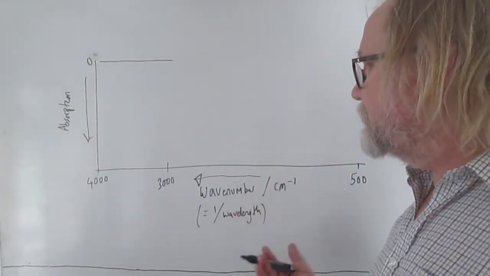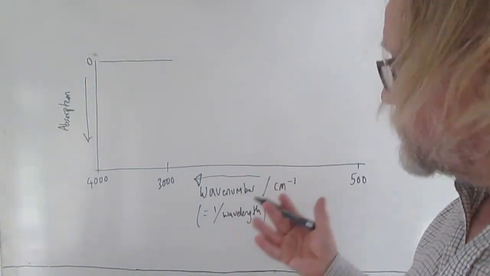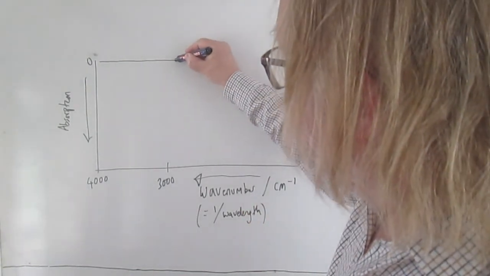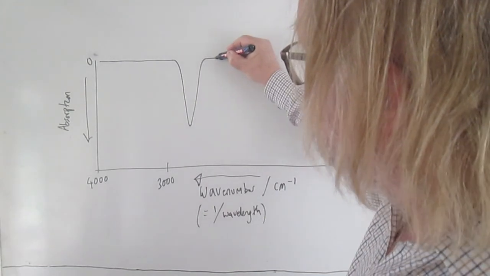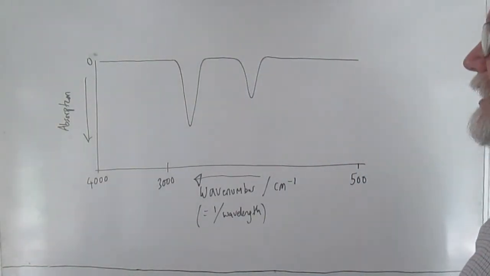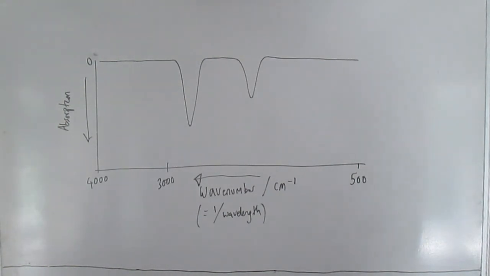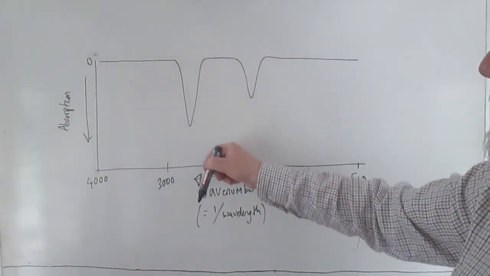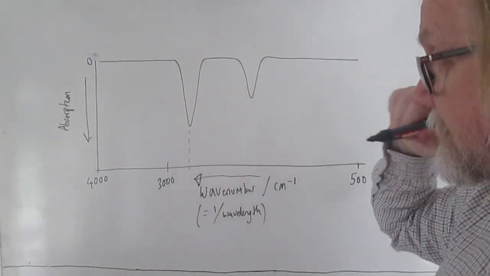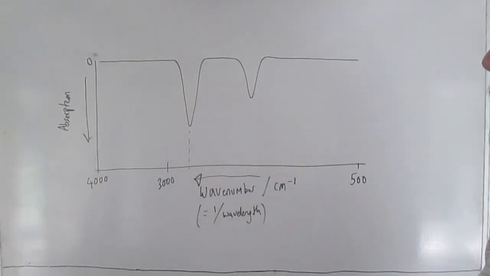Then when you come to a wave number which corresponds to an energy which can be absorbed by the molecule, you get a peak that goes downwards. So you get something that looks like that. Again, it's important to get used to the idea that peaks point downwards, and this is the wave number corresponding to the top of that peak, and so on.